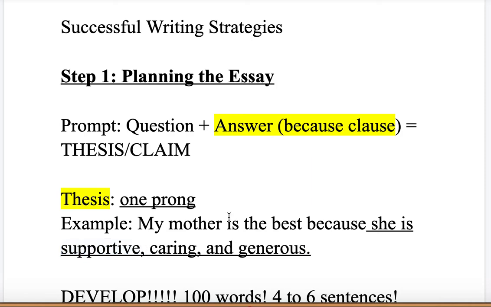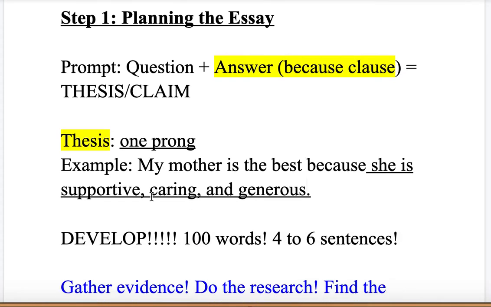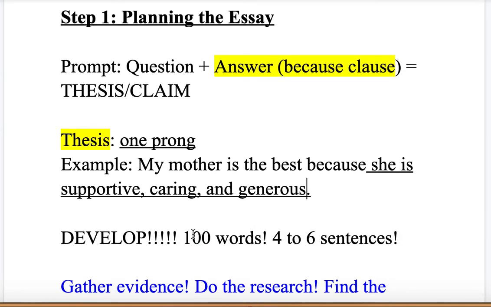You want to avoid 3 prongs because each prong needs to be well developed. You need at least 100 words or 4 to 6 sentences to defend each one of the pieces of evidence you support. So, supportive needs 3 pieces of evidence, 100 words each. That's 300 words.